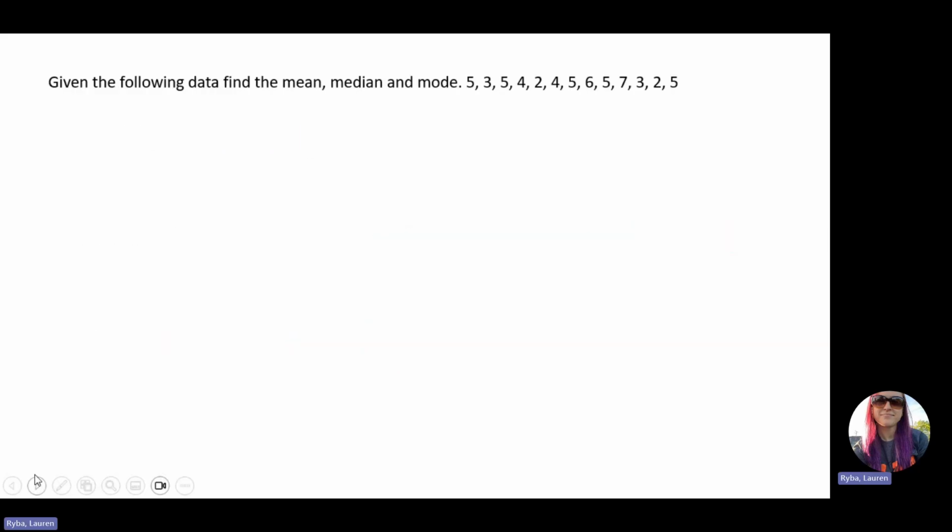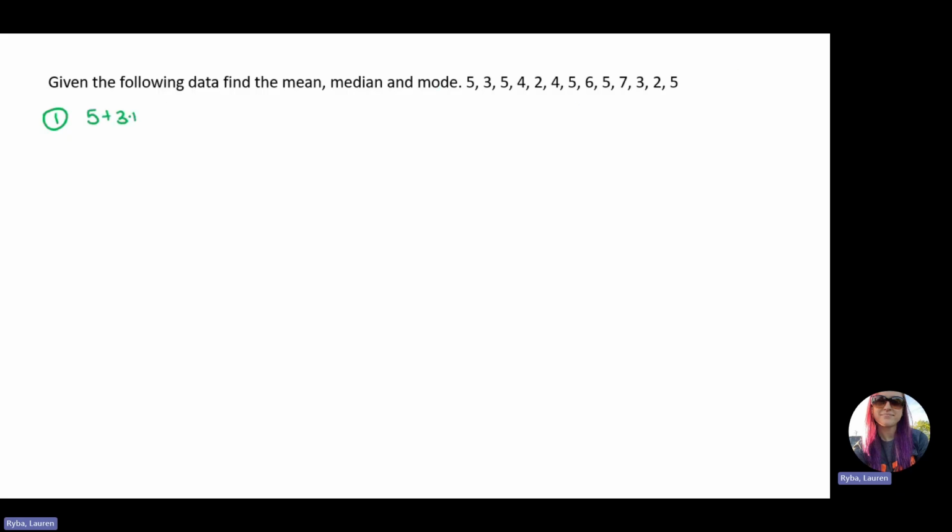If I am given a set of data and I'm asked to find the mean, median, and mode, I have 5, 3, 5, 4, 2, 4, 5, 6, 5, 7, 3, 2, 5. Anytime I want to find the mean, I am going to sum all of the values together first.